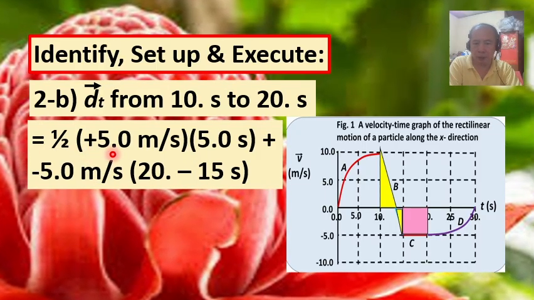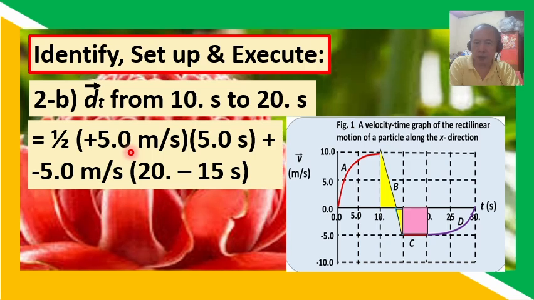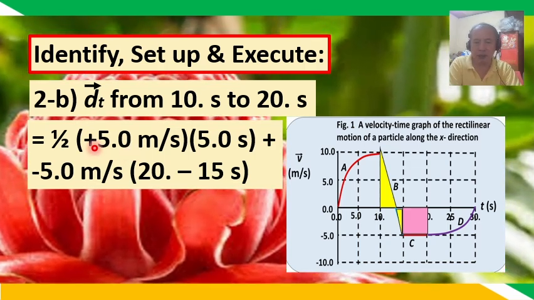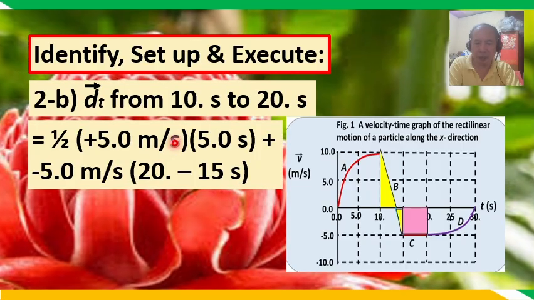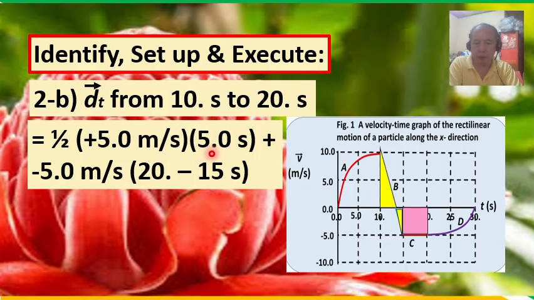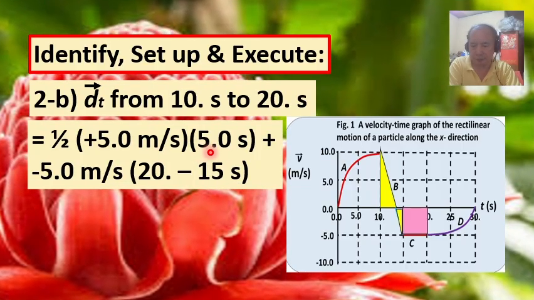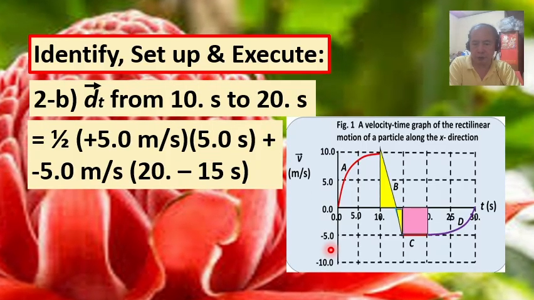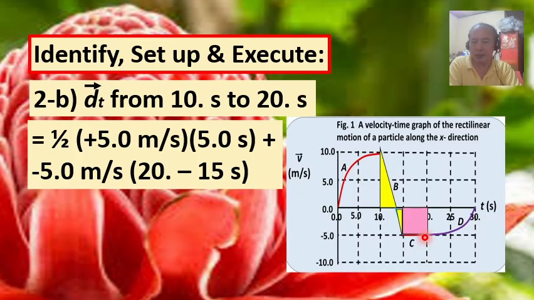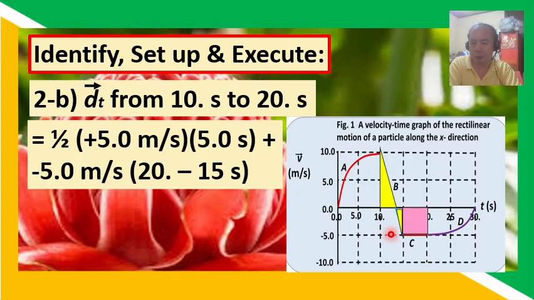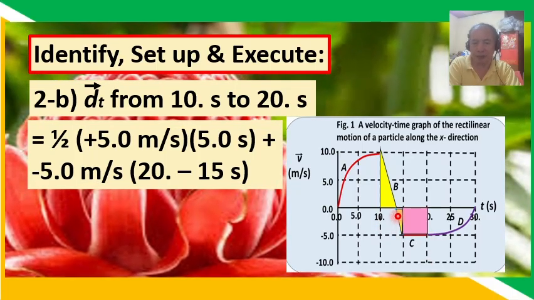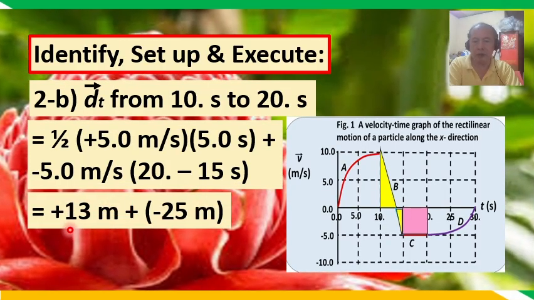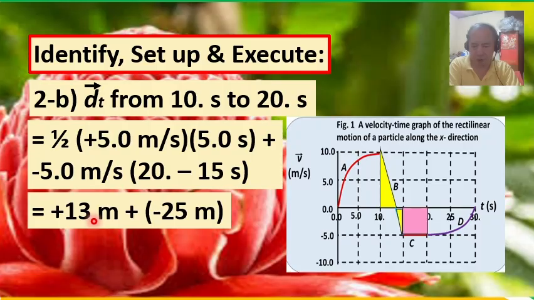That is 1/2 multiplied by the total change in velocity, which is positive 5.0 meters per second, multiplied by 5.0 seconds, which is the time interval. That product would represent the net displacement of the particle between 10.0 seconds and 15.0 seconds. That is equivalent to positive 13 meters.